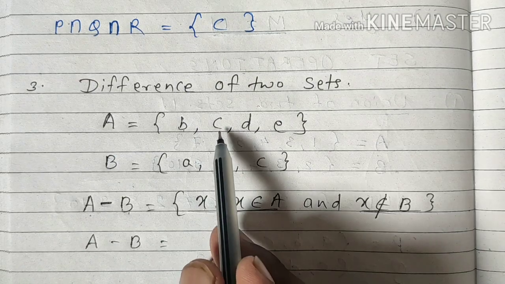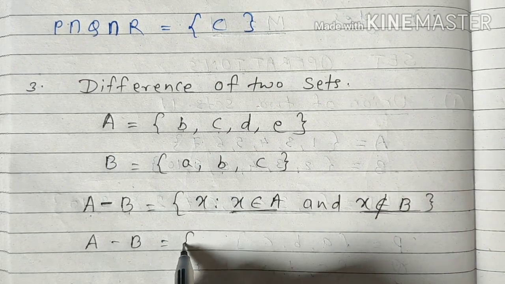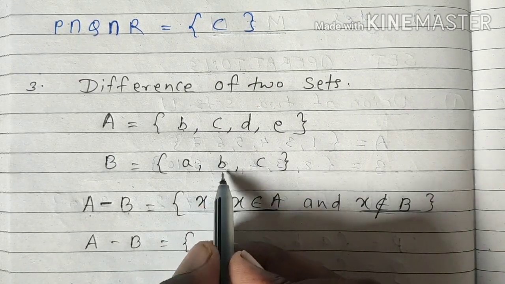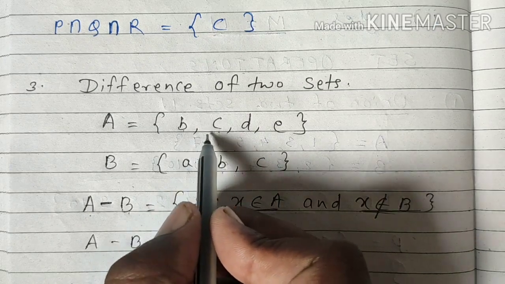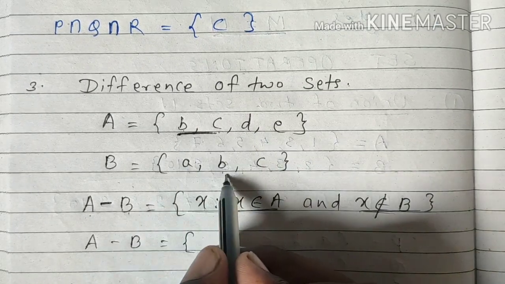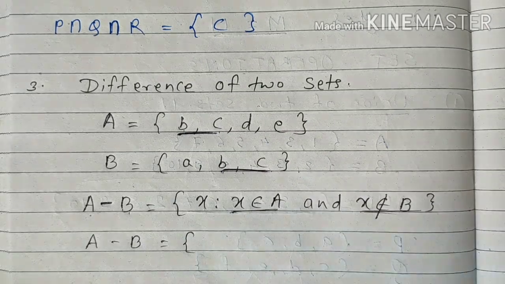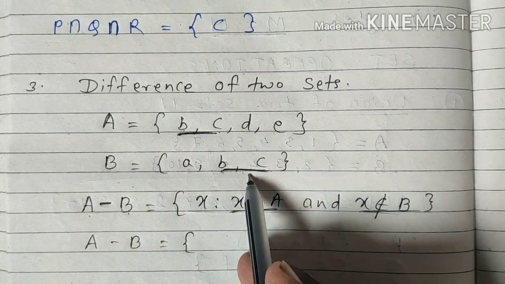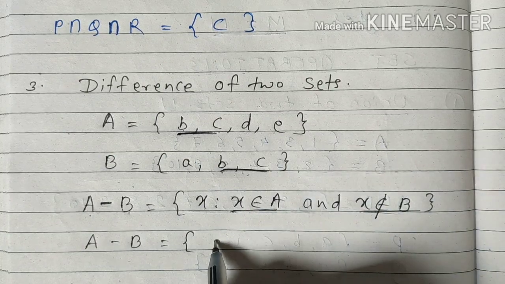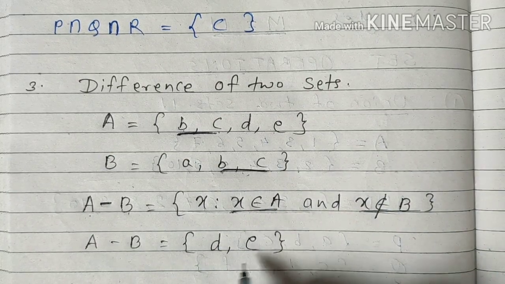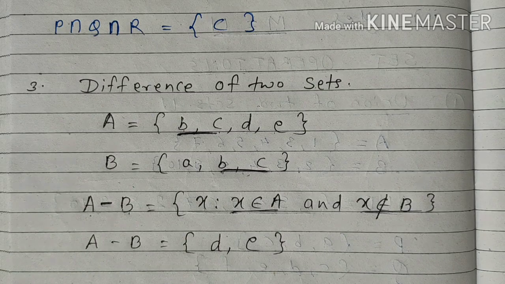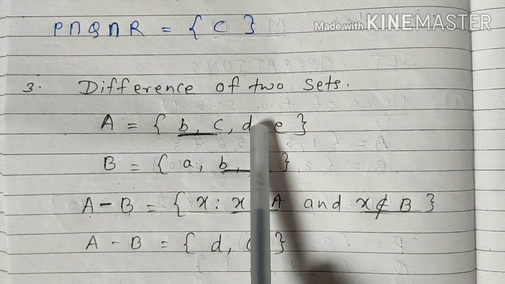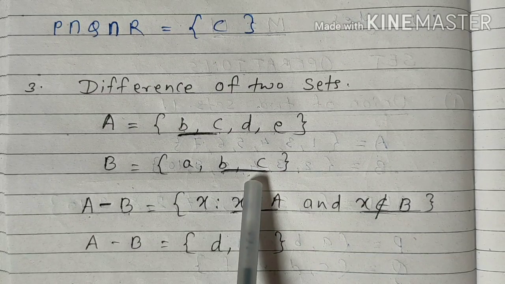B is also there. So these two elements are also present in the B set. So which elements from A are not present in B? These elements are D and E. This is the difference set, A difference B set. It means we have to write such elements which are present in A but not present in B.